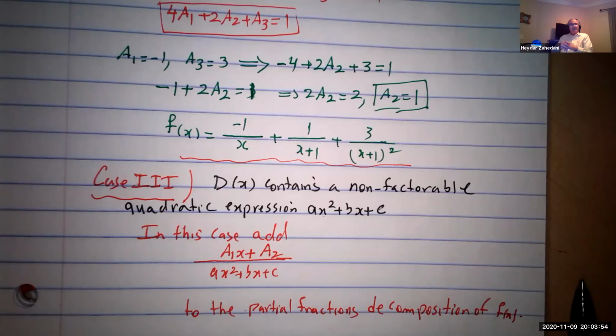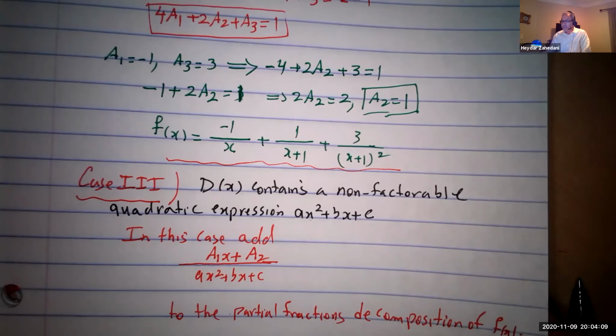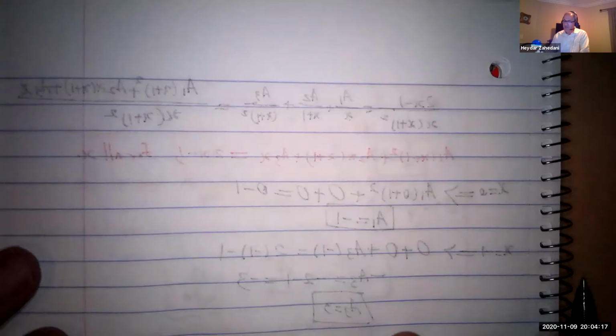Algebraically it is a little bit more involved to find the numbers, but it's not bad. Okay, so let's see how we're going to handle these types of problems. Any question? So let's see what we are going to have for this one. This is going to be an example.